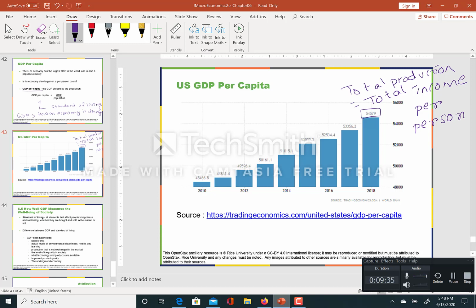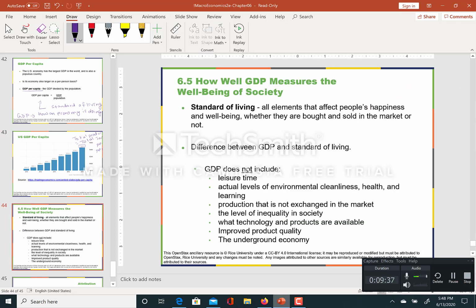Okay. The last thing is we look at the shortcomings of gross domestic product, which are summarized below. One of the striking shortcomings of gross domestic product is if you produce anything at home, that is not counted in the GDP calculation.